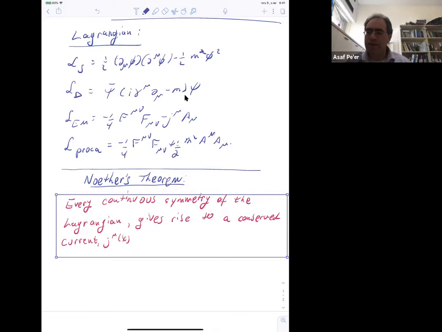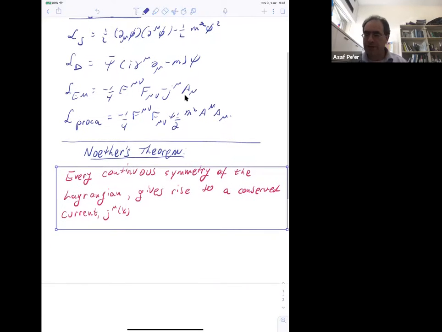We're looking for symmetries. Every time we see a symmetry, then we know by Noether's theorem that there is something which is conserved there. It's a connection between math and physics, right?